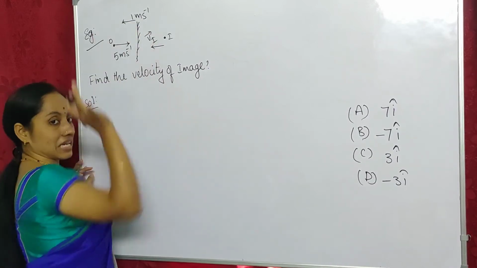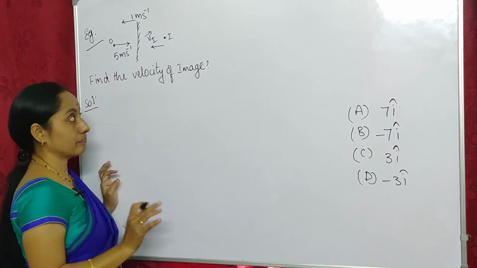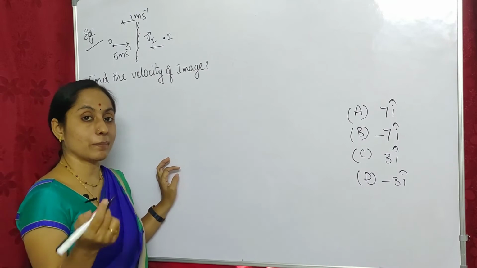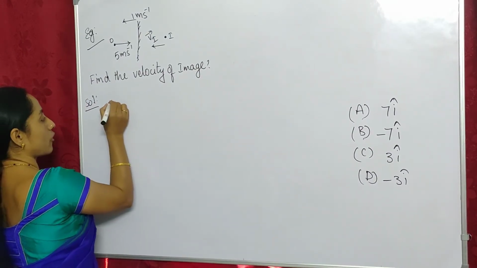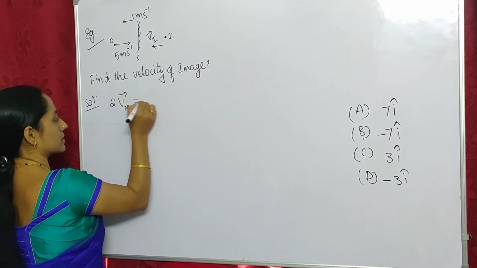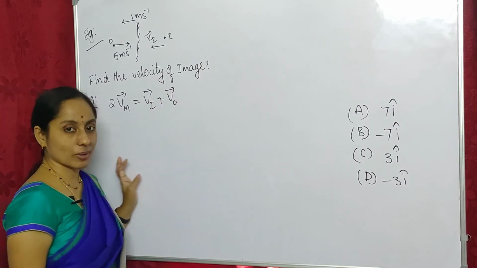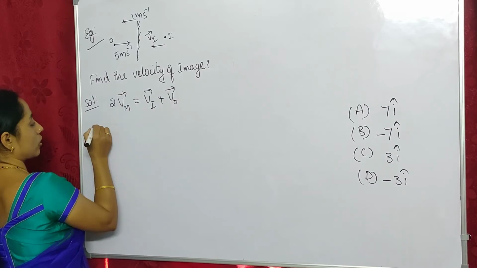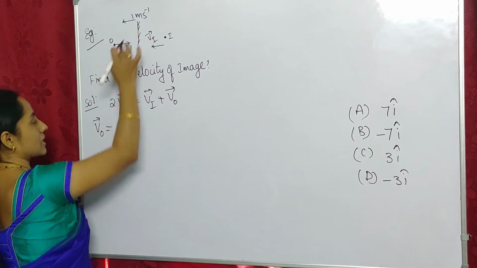If the mirror is at rest, then the answer is minus 5 meter per second i cap. But here the mirror is also moving. When object and mirror both are moving, the formula we should use is 2Vm bar is equal to Vi bar plus Vo bar. So just write down what Vo bar, Vi bar and all are. Vo bar is along the positive x direction.